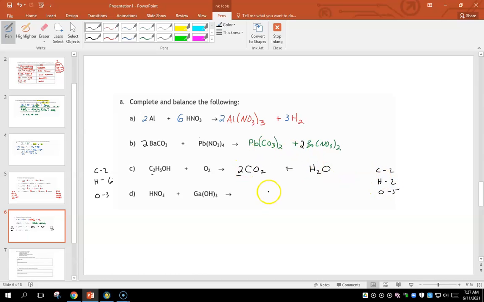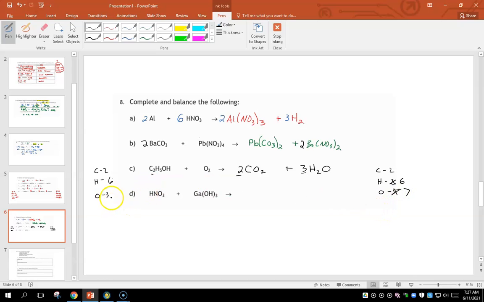So again, we're going to start with the carbons, so I'll put in a 2 there, balance my carbons out. All right, I have 6 hydrogens on this side, 2 here, so I'm going to put a 3 there, make that a 6. All right, now I have 4 plus 3, 7 oxygens on this side.